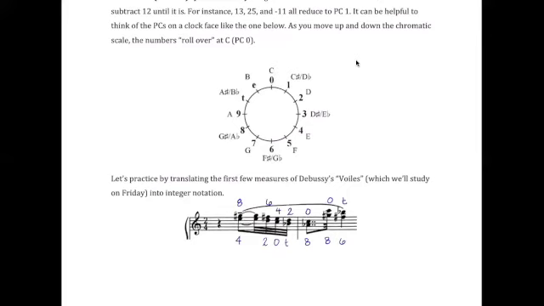So rather than labeling them as the number 10, you used T. The other thing to note is because of this enharmonic equivalence, you hopefully have called the A flat and the G sharp in measure 2 the same thing. So they are both pitch class 8, even though they are in different octaves, and even though they are written as two different pitches on the page, A flat versus G sharp, they are both still pitch class 8.